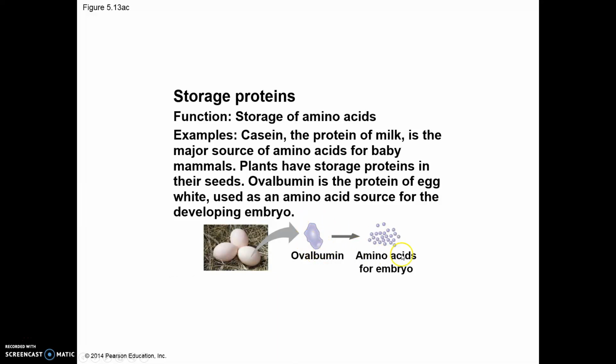You break this down in order to liberate amino acids, which then go to build the proteins that the embryo actually needs. Same thing holds true for plants. Plants have seeds and they have storage proteins that act the same way. For mammals, we have this protein called casein in milk, which serves as an amino acid source for babies or offspring.